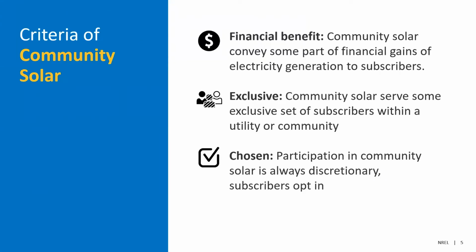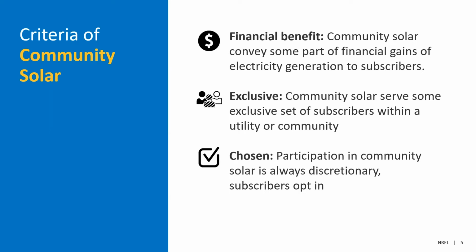There are specific criteria of community solar I would like to briefly touch on. And that's the three that you're seeing here on this slide. One, of course, is the financial benefit, right? So some part of financial gains of electricity generations will be given to the subscribers. It's exclusivity. So there'll be an exclusive set of subscribers within a utility or community that is identified and chosen.